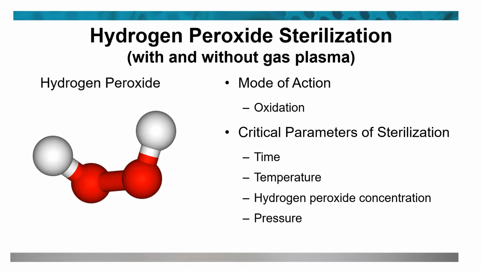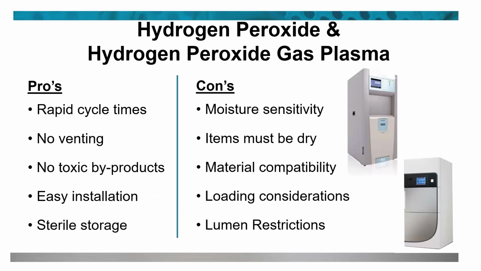Hydrogen peroxide healthcare sterilizers operate at subatmospheric conditions, so they have a vacuum point. The set of the vacuum point is different between the different sterilizers and even between the different sterilizer cycles. The pulsing features and the vacuum provide the penetration power to reach into lumen devices and diffusion-restricted spaces. So what are our pros and cons?